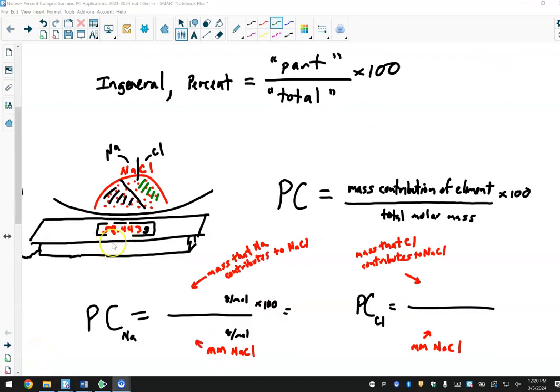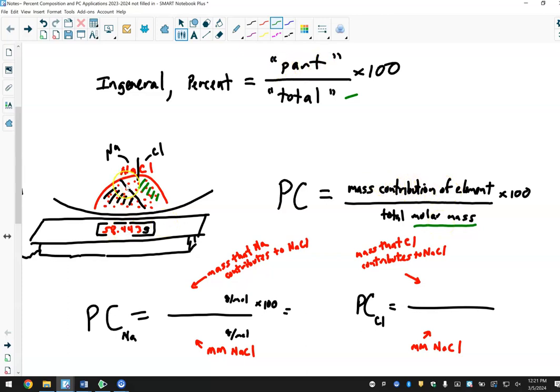So again, if you have a mole's worth, in this case, 58.443 grams of sodium chloride, and you know that a percent is part over the whole, or part over the total, well, the total is going to be whatever the molar mass of the compound is, in this case, the molar mass of NaCl. What's the numerator going to be? What is that part going to be?